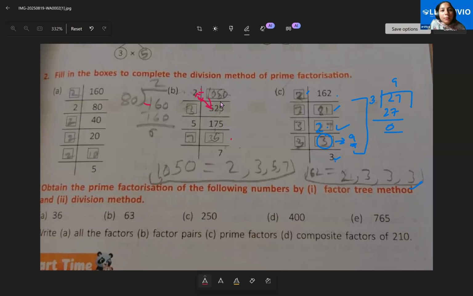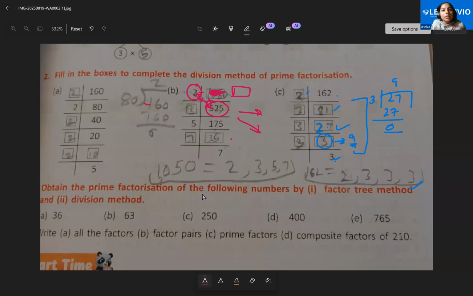Nothing was given to you in this box, right? It was just a box. So the next number is given to you, and you will multiply this with this. Because what's the opposite of division? It's multiplication, right? So if we have to do the opposite, we multiply. If you have to find the number in the box above, you multiply it with the smaller prime number that's given here. Okay?